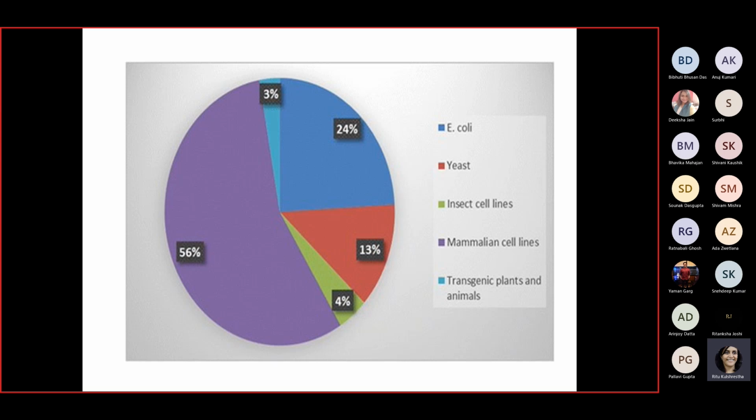Obviously if you are able to clone a particular gene in a multicellular organism, its amount will be humongous compared to what you are making from E. coli, so you can harvest more protein. The development of these transgenic animals and plants will require a lot of effort, but once they are made, you can harvest a much larger amount of these proteins.